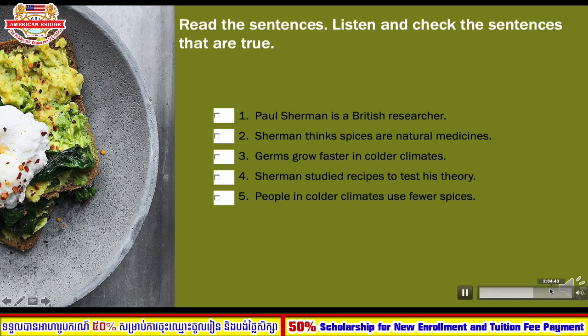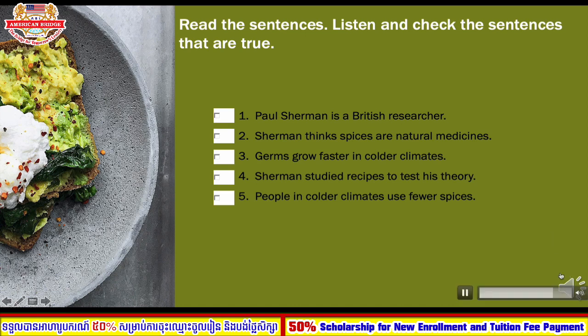So they started using more spices to stay healthy. At the same time, people in cold climates weren't having as many problems with harmful germs in meat because cold temperatures naturally killed germs. Therefore, they developed milder cuisines. Sherman wanted to test his theory, so he studied thousands of recipes from around the world. And in fact, he found that the number of spices increased as the local temperature increased.